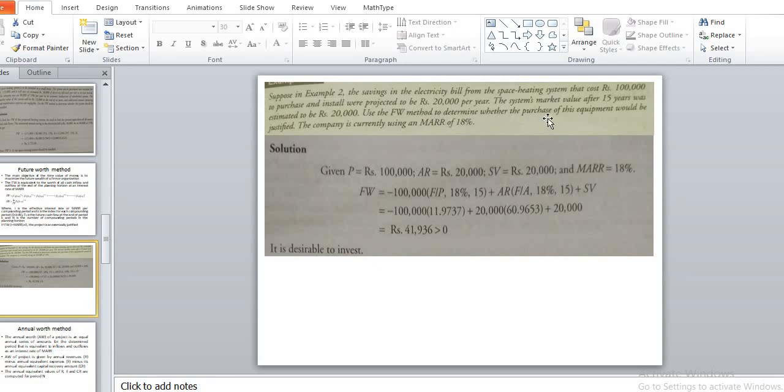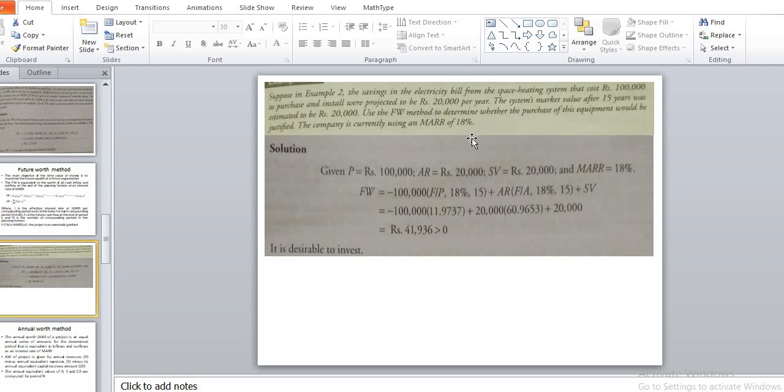Determine whether the purchase of this equipment would be justified. The company is currently using a minimum attractive rate of return of 18%. So the same system from the present worth example is considered, but the interest rate, initial investment and electricity bill saving are changed.